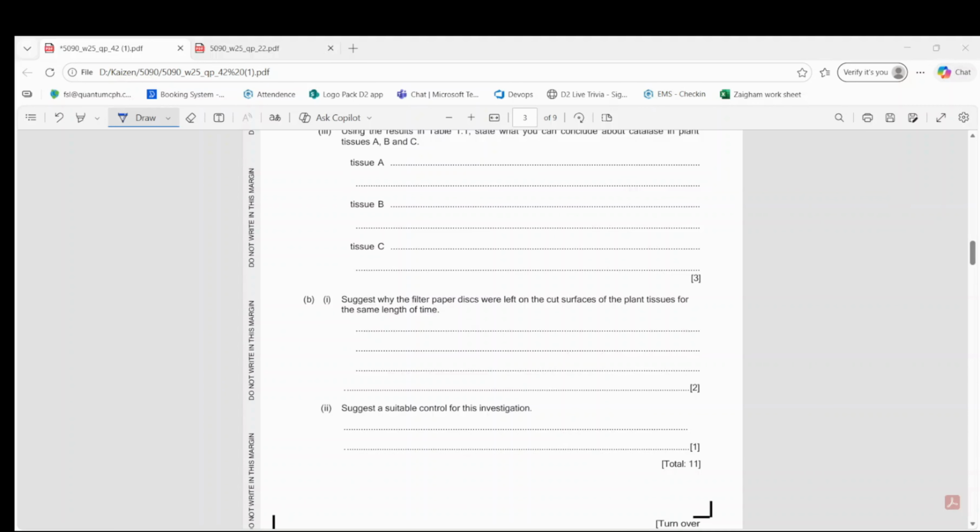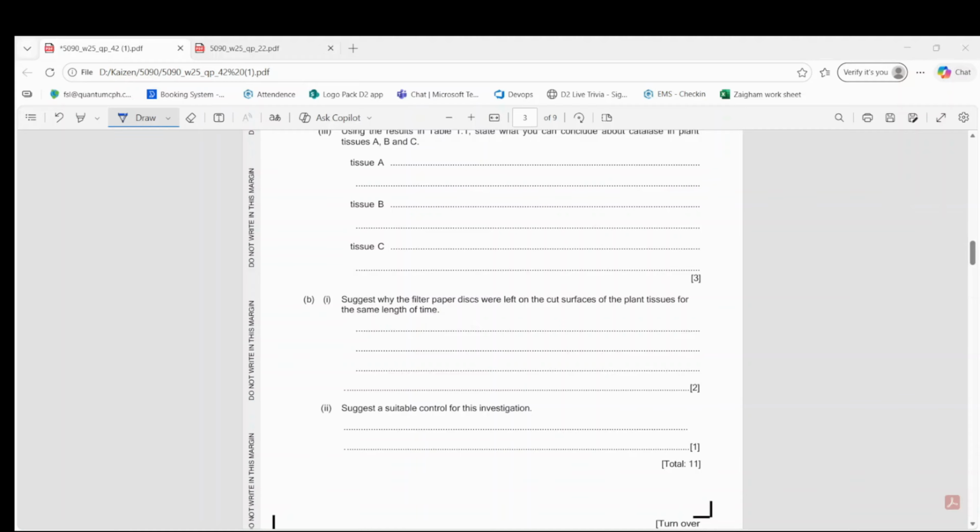Your concept is right, but we have to rephrase it. It's so that it can absorb the same volume of liquid. Absorption is correct, but what needs to be absorbed? It needs to absorb the same volume of liquid and to have comparable results.